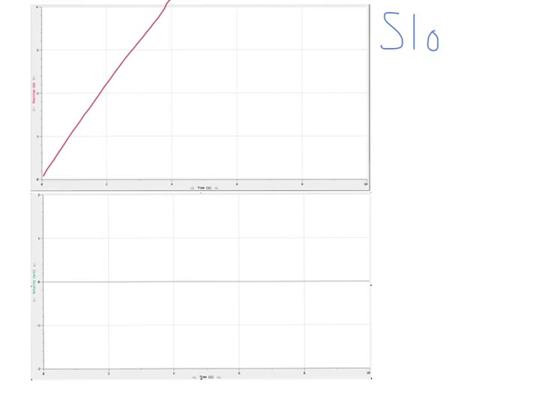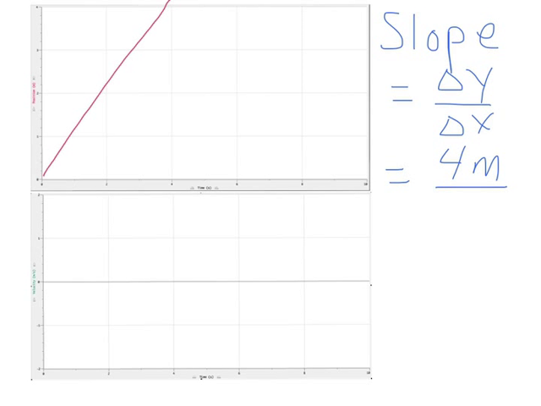So the slope, which is the speed, is going to equal how much the y-axis changes divided by how much the x-axis changes. So the y-axis in this case changes 4 meters, and it changes 4 meters in 4 seconds.